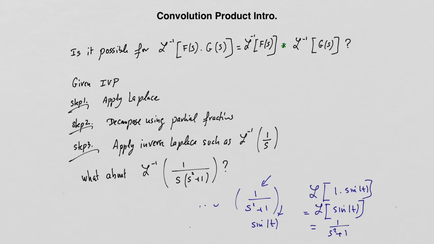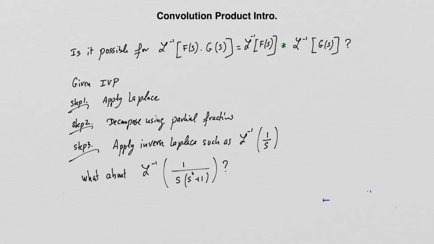So mathematicians thought to themselves, okay, is it possible to have the inverse Laplace of a product, like 1 over s times 1 over s squared plus 1, and get the inverse Laplace of each factor? Of course, we know it's false. I just gave you a great counterexample to say that you can't do that.